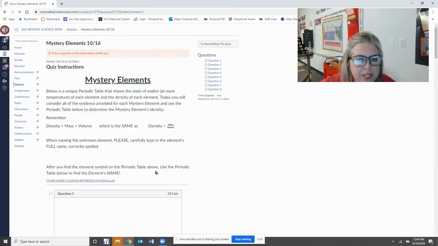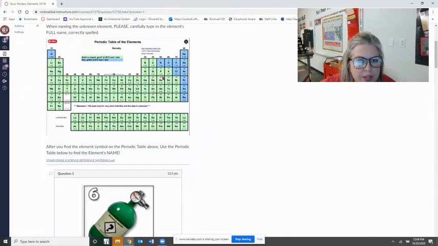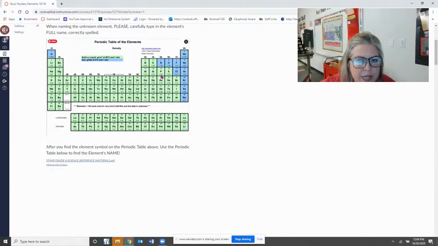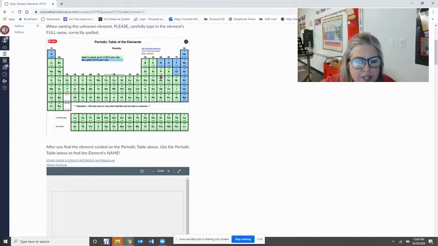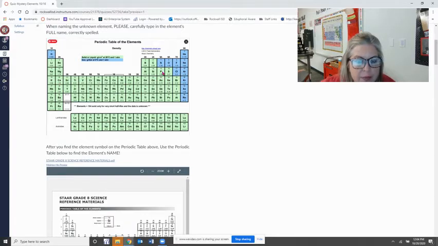Okay, so on this periodic table, there is a number at the bottom of each box. I know it's really tiny, but I want to have this pointer. So for example, I have the element with the chemical symbol P. Okay, that element is phosphorus. I can look at a different periodic table to find that out. Right underneath it is this number, 1.82. This number on this specific periodic table is the density of the element.